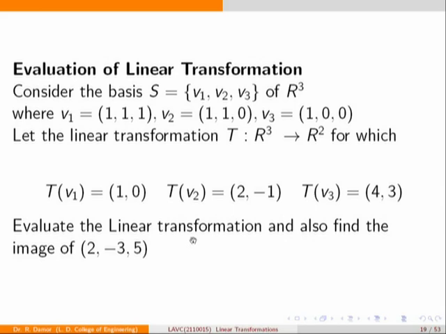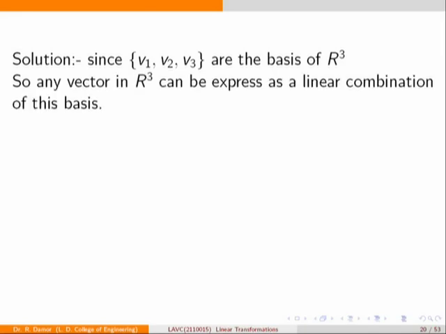Moreover, you have to find the linear transformation and also find the image of (2, minus 3, 5). This is the extra thing you have to find. Any vector in R3 can be expressed as a linear combination of this basis. Clear?